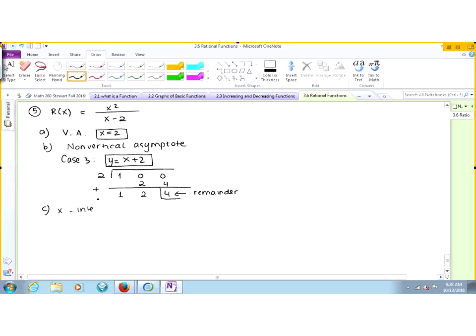So C, x-intercept. What is the x-intercept? Set y equal to 0. So what is it? (0, 0).